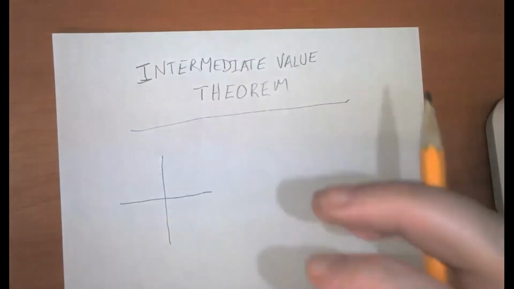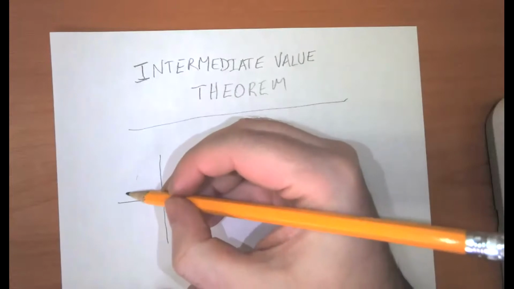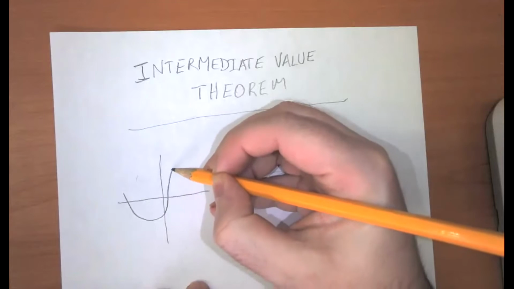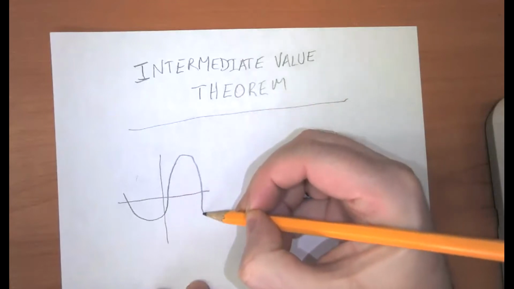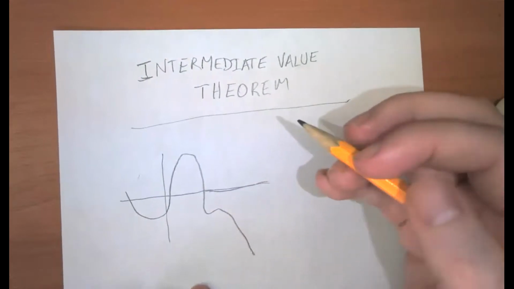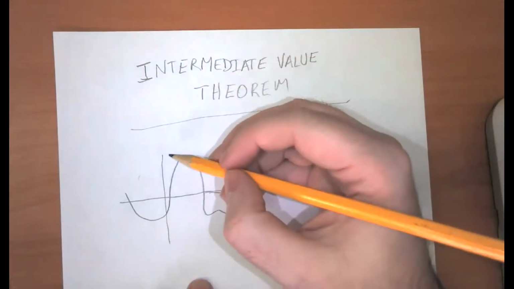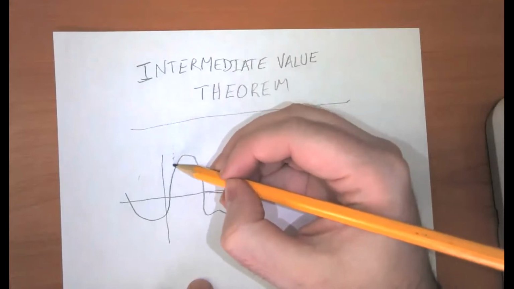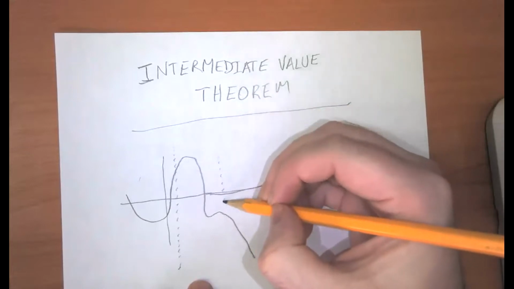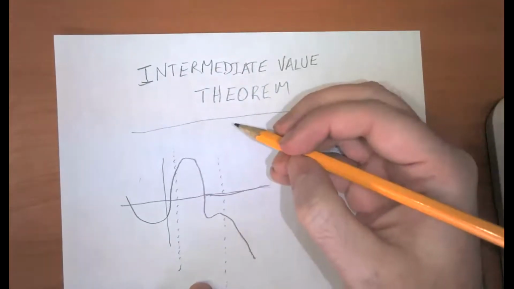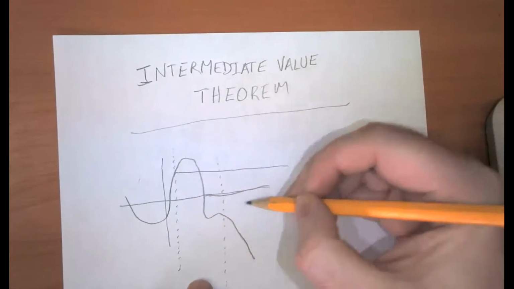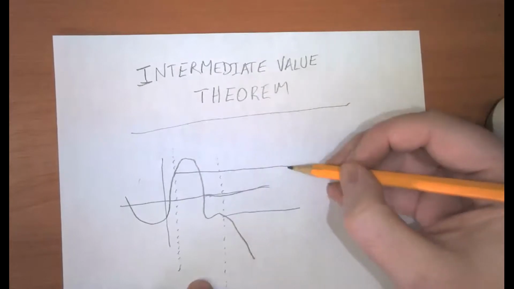So let's imagine a function on this graph, and the function is continuous. So I'm drawing it with a single swoop of my pen, and it's kind of just doing this kind of thing. All right. And so here's what the intermediate value theorem says. It says that if we've got one value and we've got another value, so let's think about what the y values are at these two points.